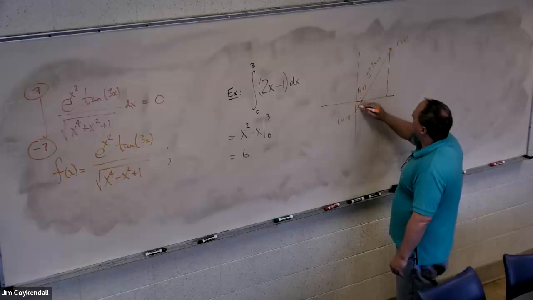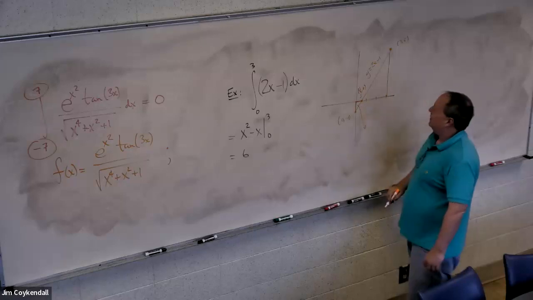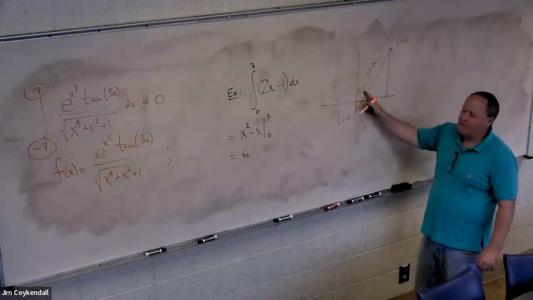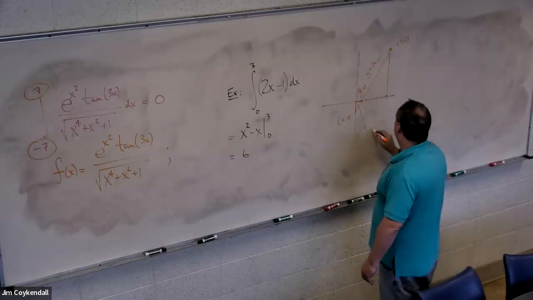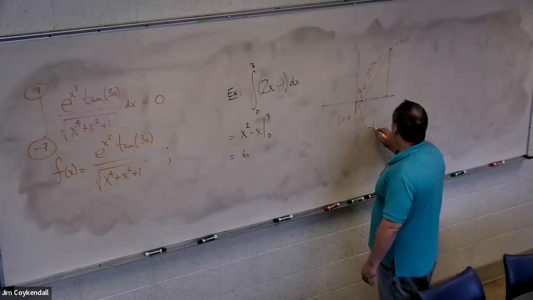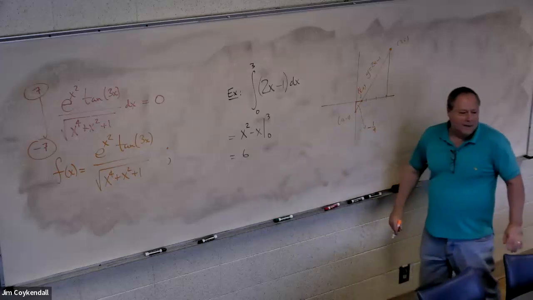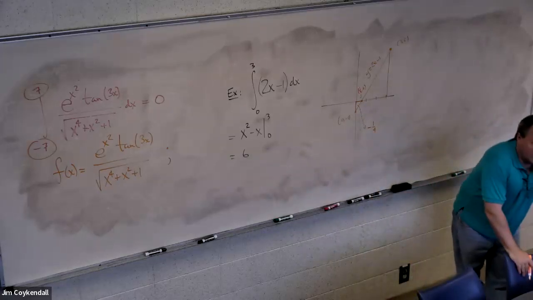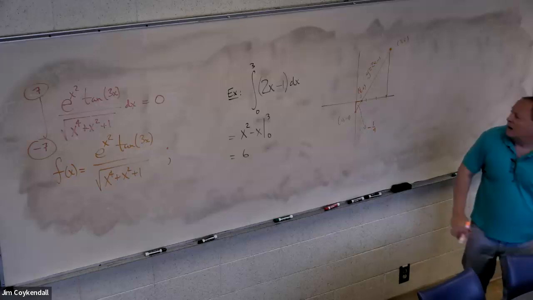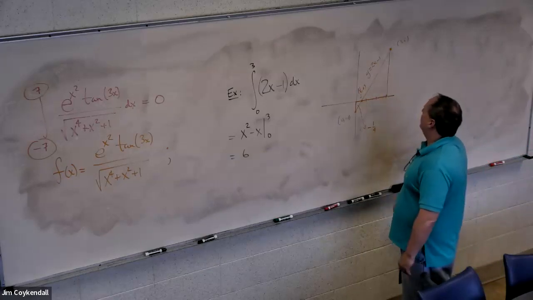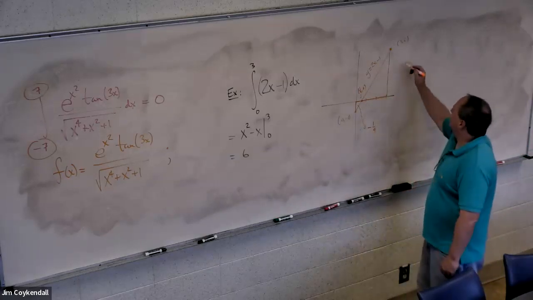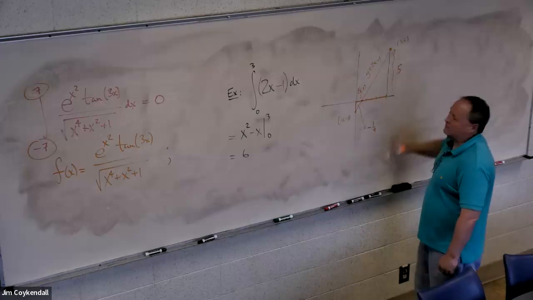So this triangular area here is half the base, 4 times the height, 1. So this is minus 1/4. The area of the triangle is 1/4, it's hanging below the x-axis. Right? And this piece of the triangle is all the way above the axis. And this one might be a little easier. The height of this triangle is 5.